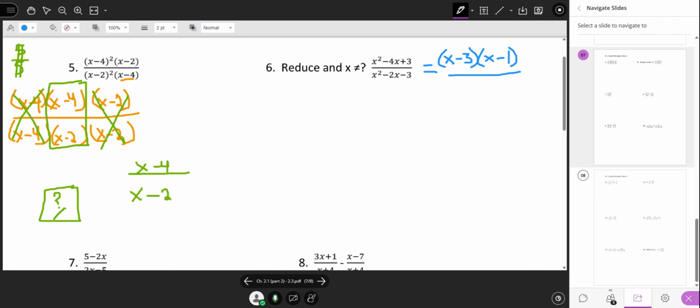Now, type 4. Minus big, because there's a minus in the middle. Minus big plus small. Again, there's only one way to multiply and get 3. Minus big plus small.